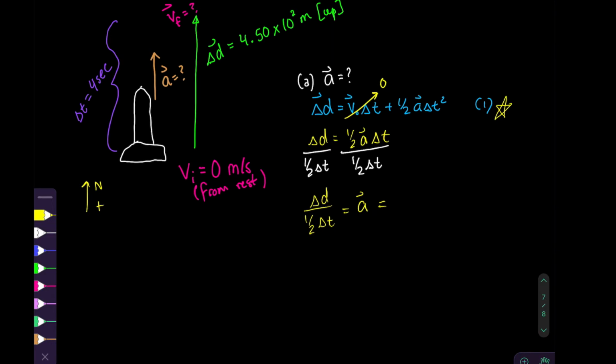Putting in our values, 4.5 times 10 to the 2 meters, over 1 over 2 times 4 seconds squared. Oh, so it's a positive value. So that makes sense. That's good.